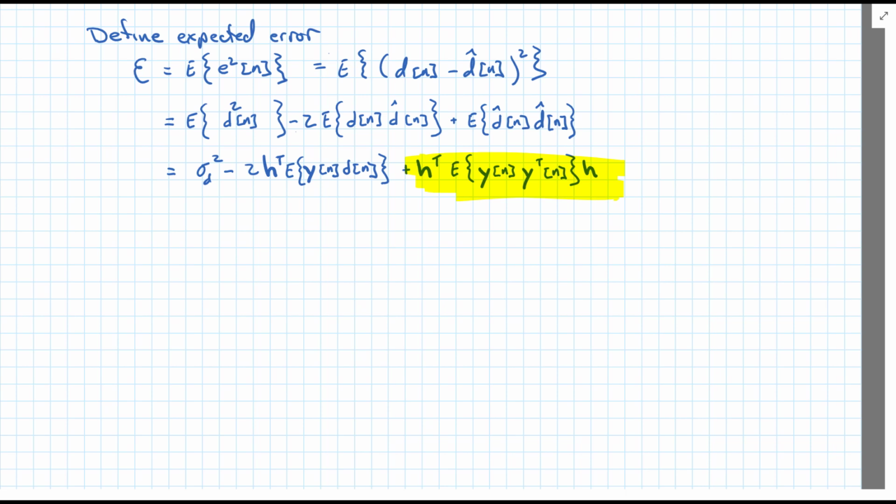But it turns out that d hat is a scalar, and you can take the transpose of a scalar without affecting anything. When we do that and then expand it out, we get this h transpose, and then we have a y y transpose, and then h. This is the more common quadratic formulation that we would expect to see. And we have our expectations in there.